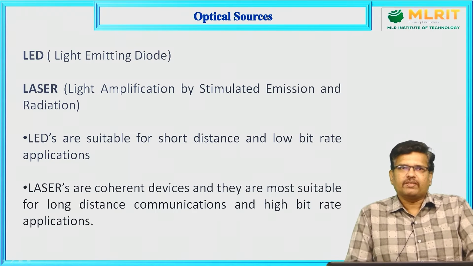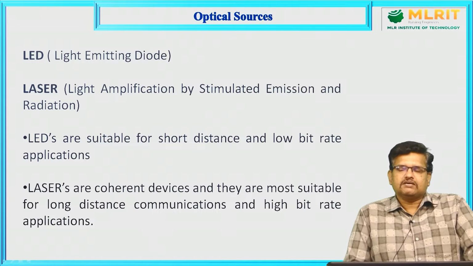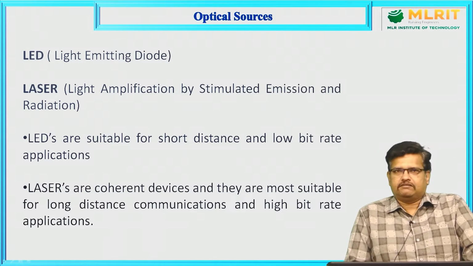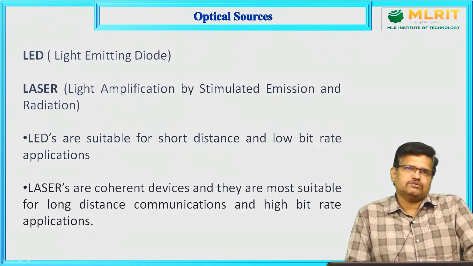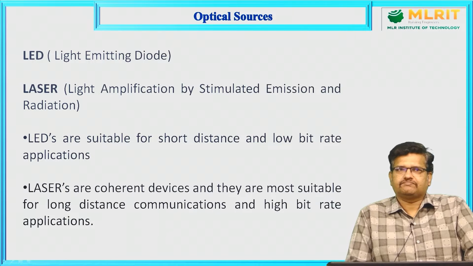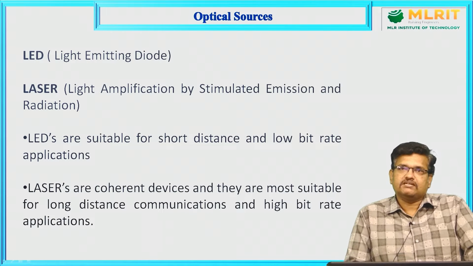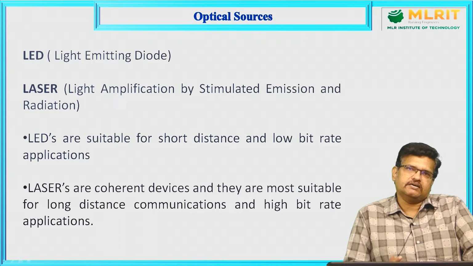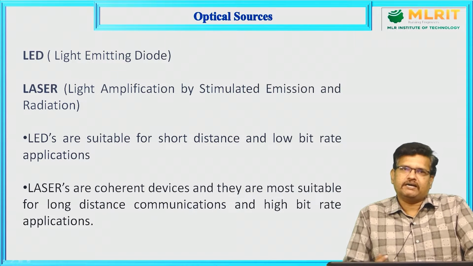In optical sources, the LED is suitable for only short distance and low bit rate applications. While the laser is suitable for a long distance communication system, and it also has high bit rate.